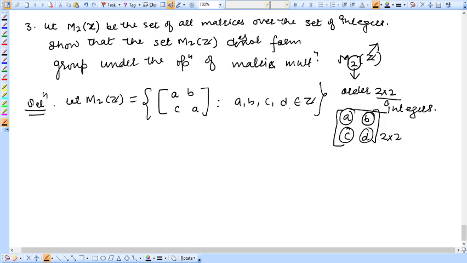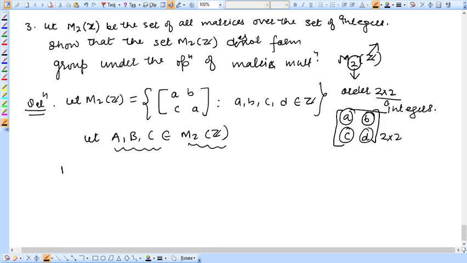So this is the given set here. So again, let us take 3 elements from this set M2Z, which we will be using in the 4 properties.